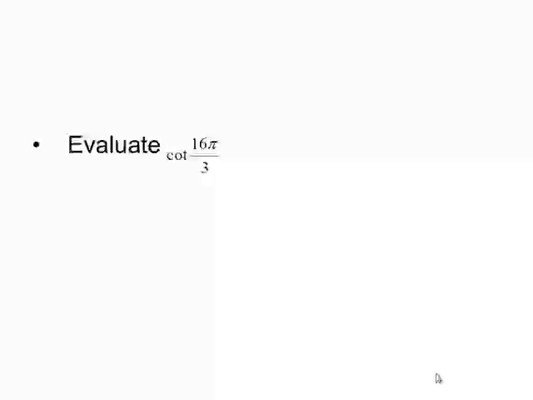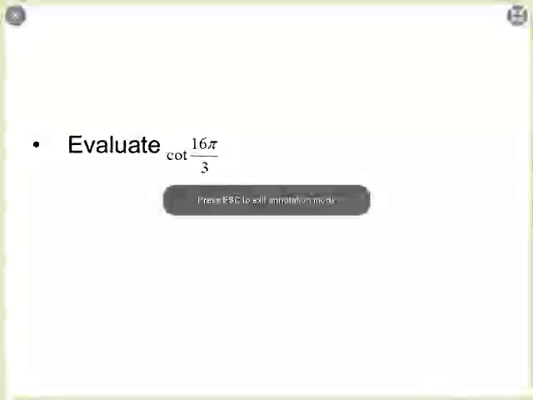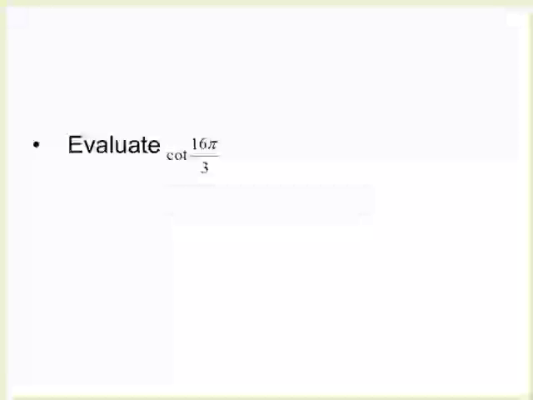Okay, graphing away. 16 pieces. So that means I go around once, I cover 6.